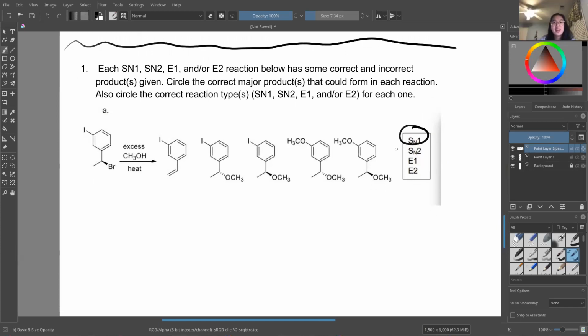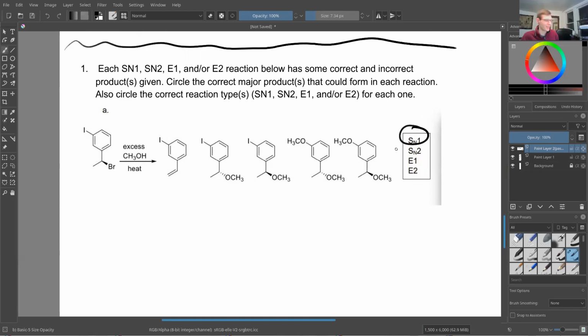Because elimination reactions are favored by heat, and actually, based on the previous example, maybe E1 would be a better choice. Yeah, I'd agree with you. E1 will work out well here.